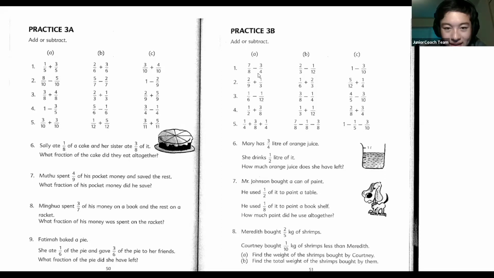Carefully look at it. 3/4, what would that be if you were to make the bottom number 8? It will be 6/8, right? Because you can multiply 3 by 2 and 4 by 2. So 1 out of 8. Right, 3/4 is 6/8, and 7/8 minus 6/8 is 1/8.